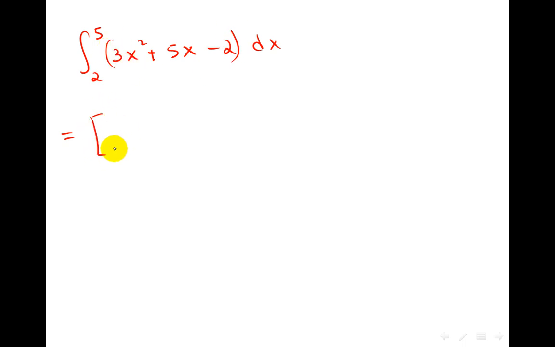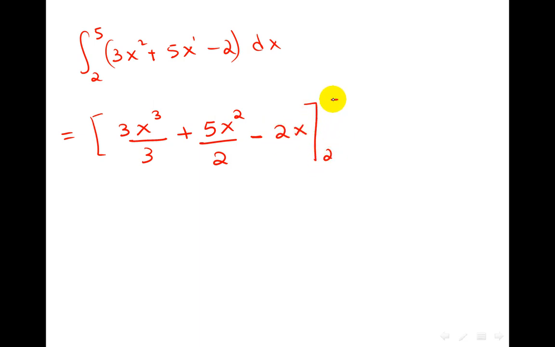Again, integrate: 3x squared, add 1 to the exponent, it will be cubed, and divide by the same exponent, over 3, plus 5x. This is x to the power of 1, so when you add one more power, it will be x squared divided by 2, minus 2x. This is going to be from 2 to 5.